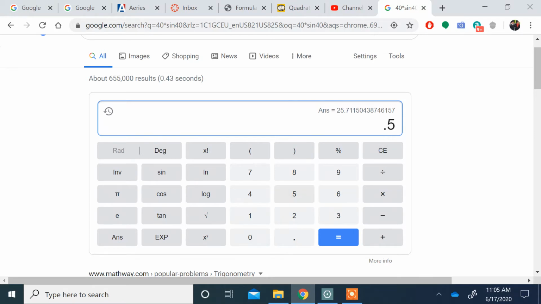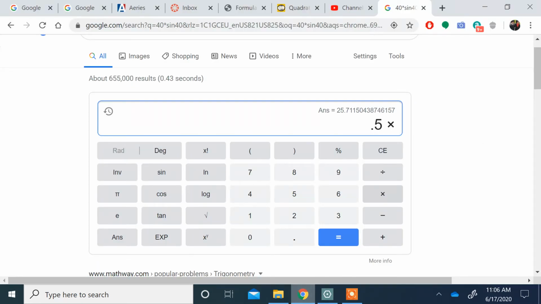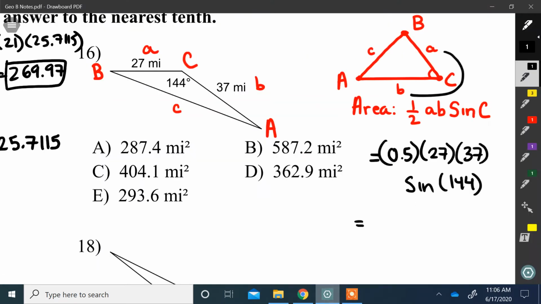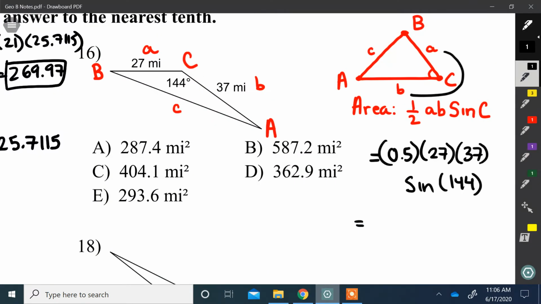I hate this calculator. 0.5 times 27 times 37 times sine of 144 is 293.59.